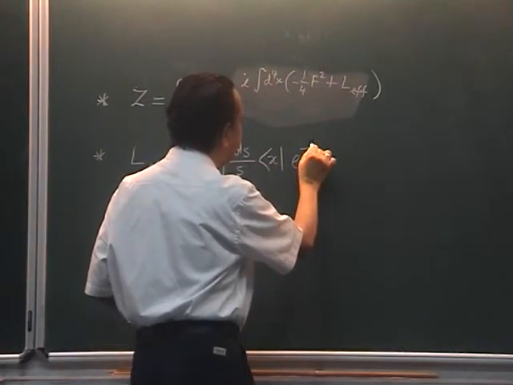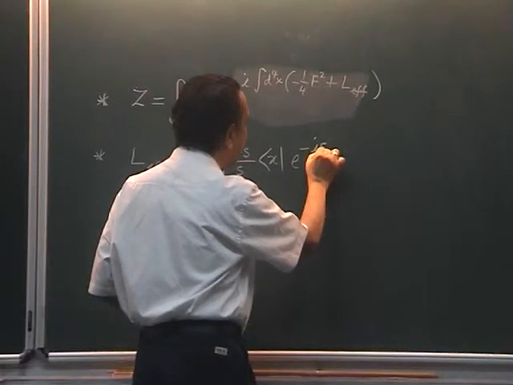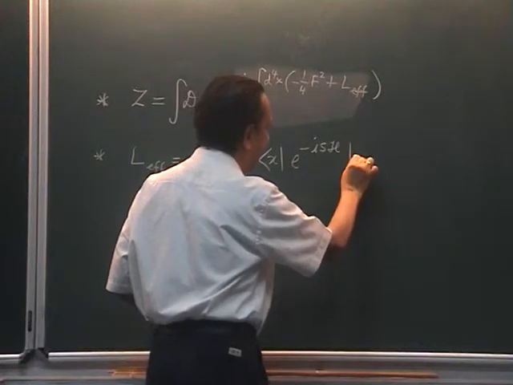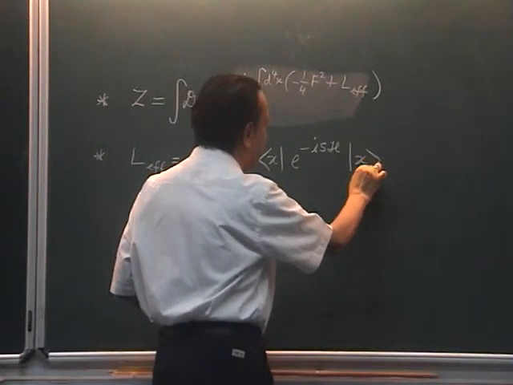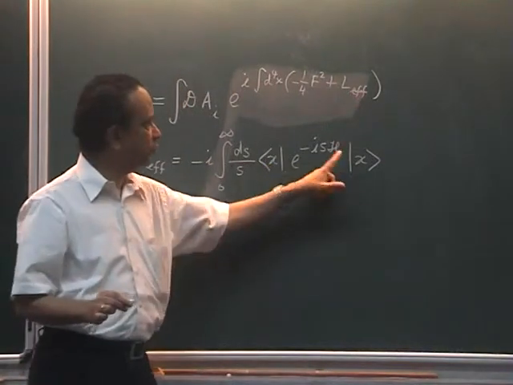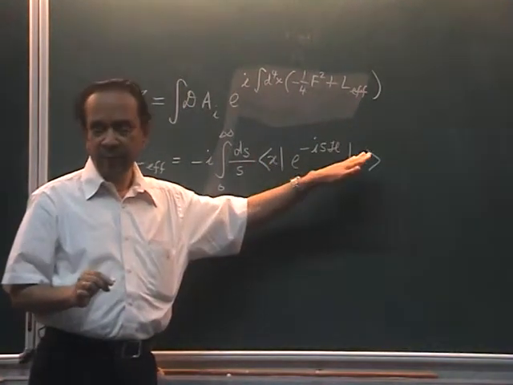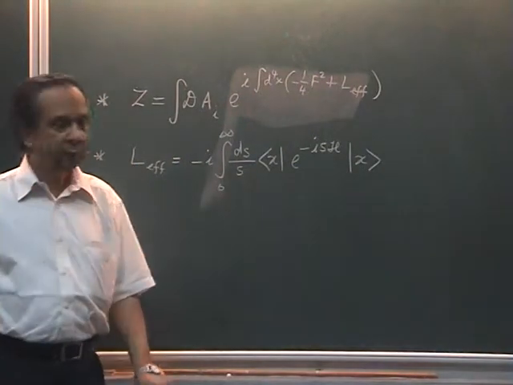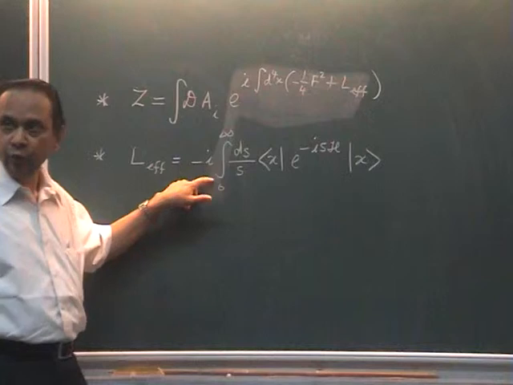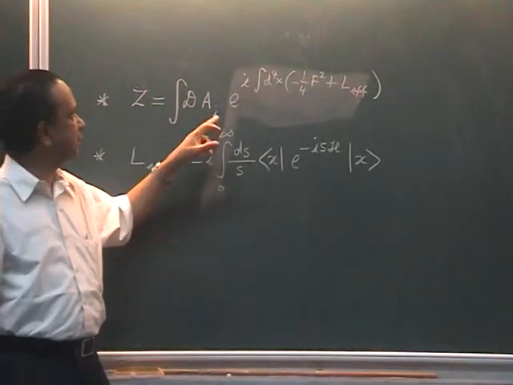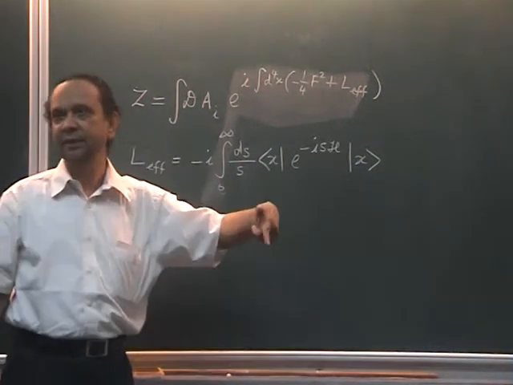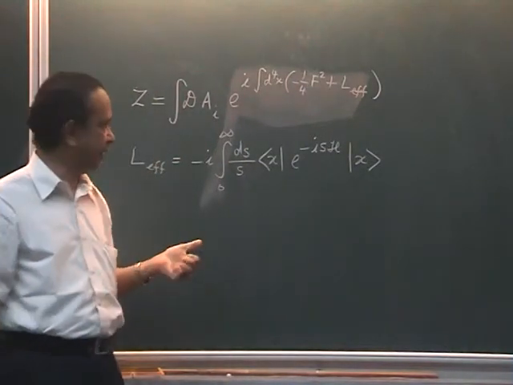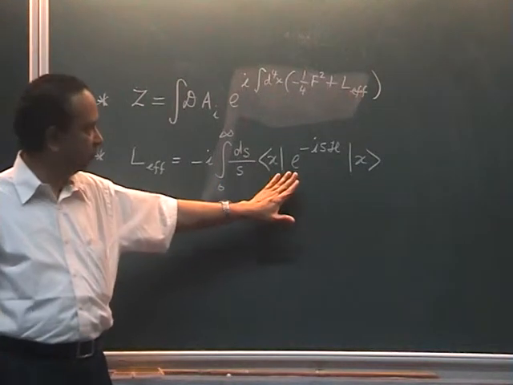Essentially, we reduce the quantum field theory problem to a quantum mechanical problem in 4 dimensions for some operator h which will act as a Hamiltonian, and this is the propagator to go from x to x prime, after which we are putting x prime equal to x, and then the L effective is given by this formula. Normally I would have written this as i by 2, but it's actually i because we have integrated over phi and phi star. So each one of them will give you a determinant factor, but that is just a question of numerical factor.